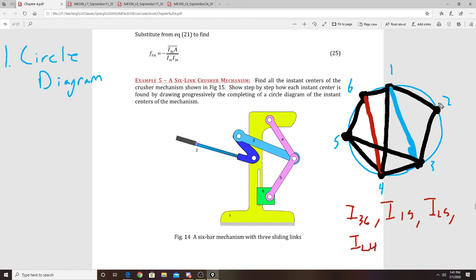Here. I 2, 6. And 3. I 3, 6 I already have. 3, 4, 3, 5, so that's good. 4, 5, so I 4, 2, which I already have here. I 4, 1, I already have. This one. Yeah, so I think that's it.